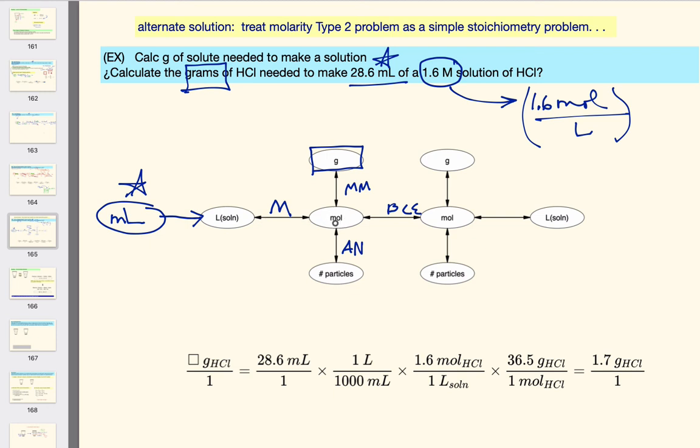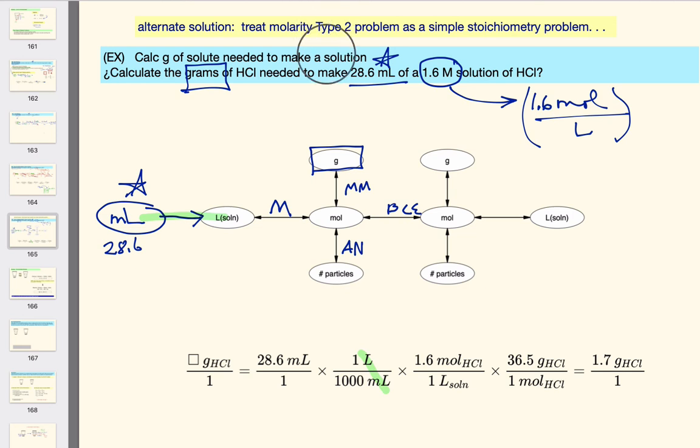So now it's a very simple process to work this problem. Box, grams of HCl, equals star, 28.6 milliliters. The first thing we're going to do, of course, is go from milliliters to liters. And so we're going to use a conversion factor from milliliters to liters.